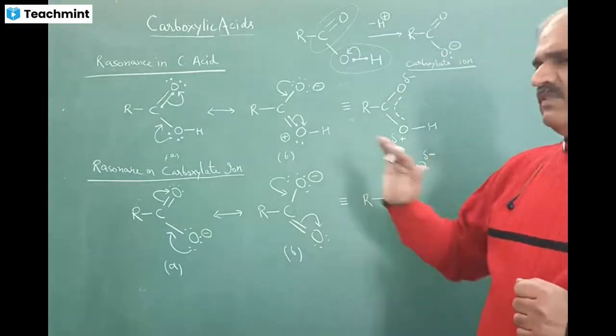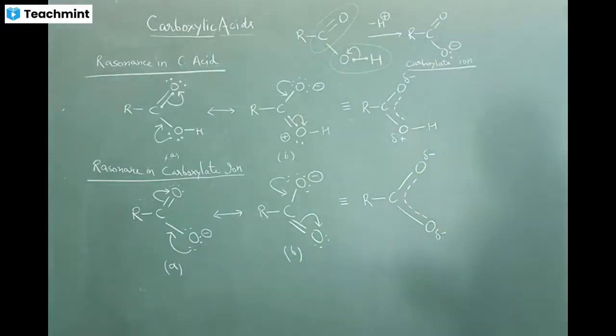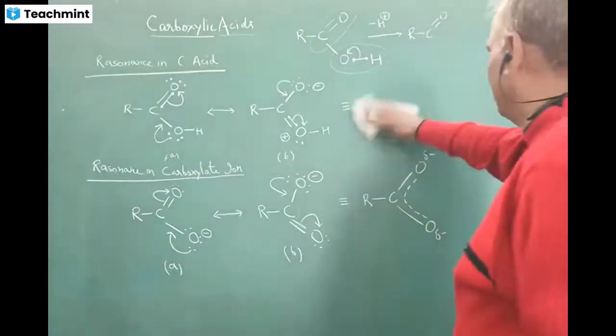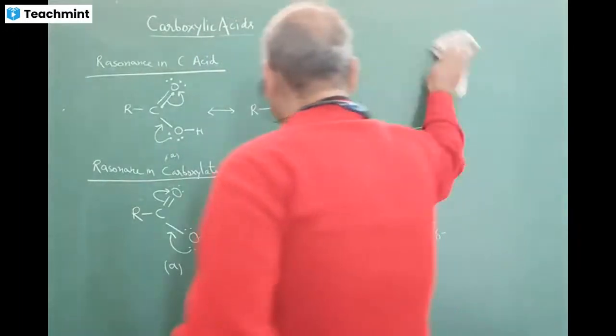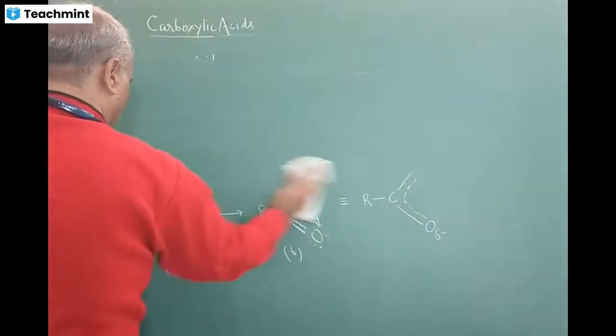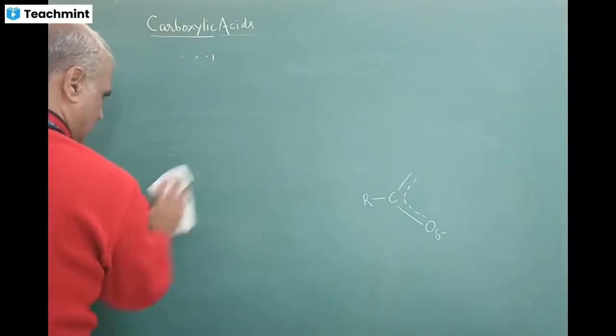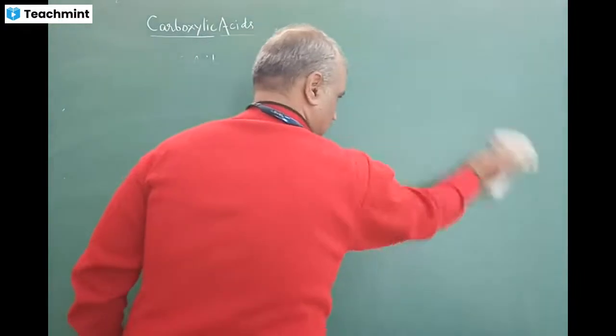Okay, so this was the first category of chemical reactions in which the carboxylic acid molecule is losing H plus by dissociation of the OH bond. Now let us study the second category of reactions.